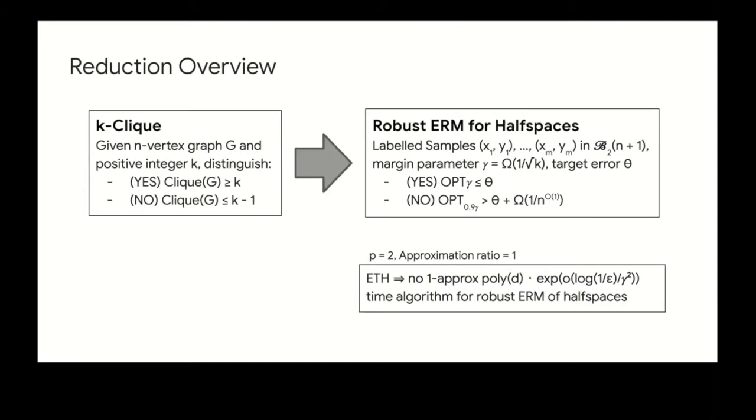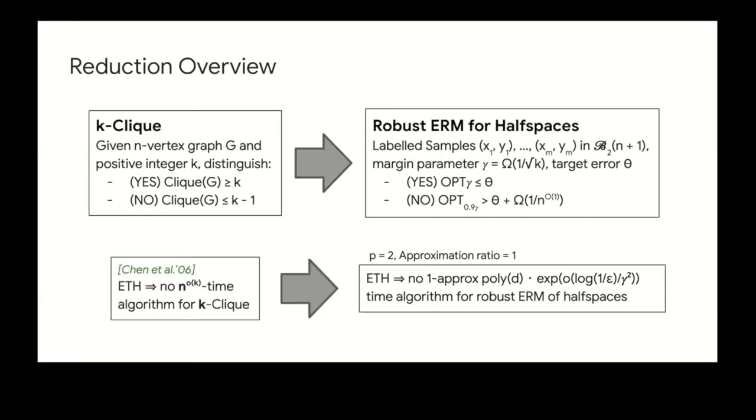The dimension and the number of samples D and M will be polynomial in N. And also in the yes case, we have that the gamma margin optimal error is at most theta for some theta. And in the no case, we will have that the 0.9 gamma margin optimum error is at least theta plus some poly in N. In other words, we will have epsilon equal to some poly in N.